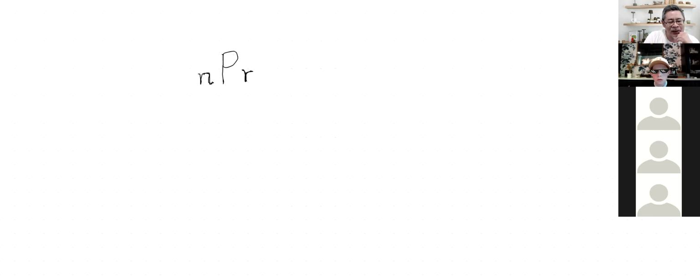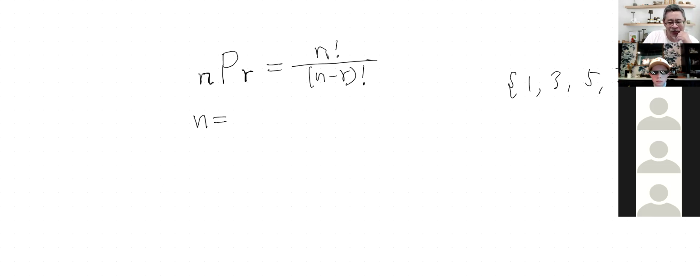This formula is written as N factorial over N minus R factorial. So last time we talked about putting a two-digit number together out of 1, 3, 5, 7. So in this case, our N is 4, and our R, because we picked 2 out of the 4, is 2.